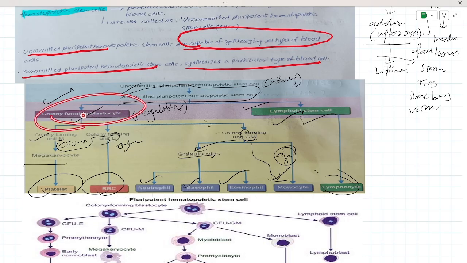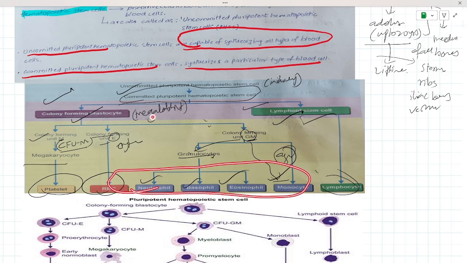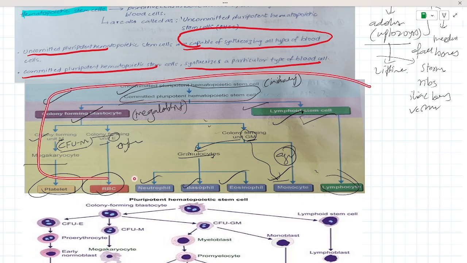Again, colony forming blastocyte or megaloblast synthesizes three different specialized cells, that is colony forming unit M, colony forming unit E, and colony forming unit GM. Now CFU-M synthesizes platelets, CFU-E synthesizes RBCs, CFU-GM synthesizes WBCs, most of the WBCs. I hope you are clear with this flow chart.